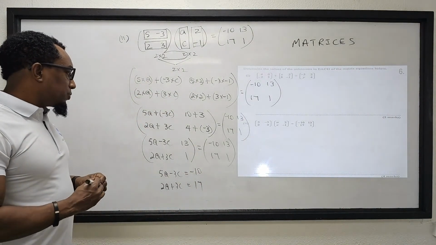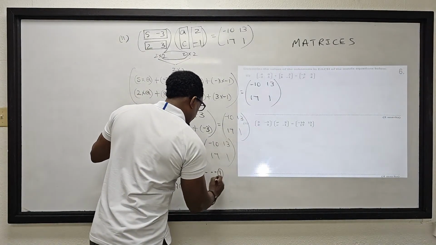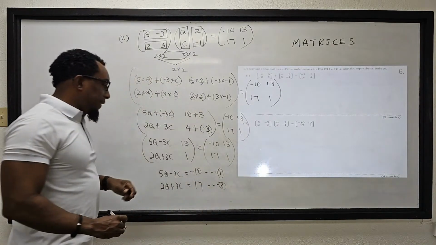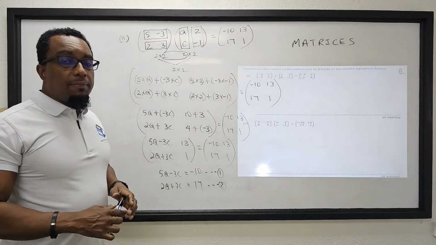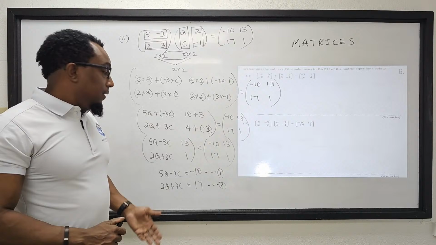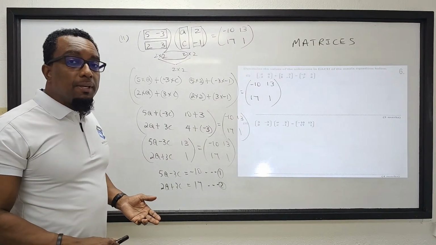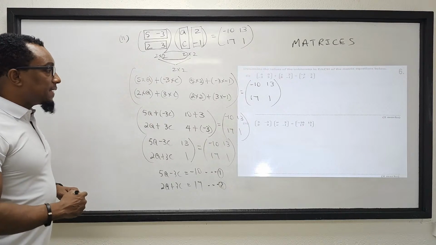So we have our two equations here. Because they both have the same unknown quantities, A and C, the only way we can solve for A and C is to solve those two equations simultaneously.